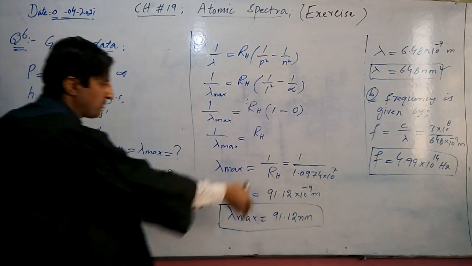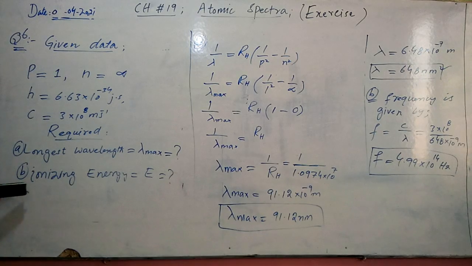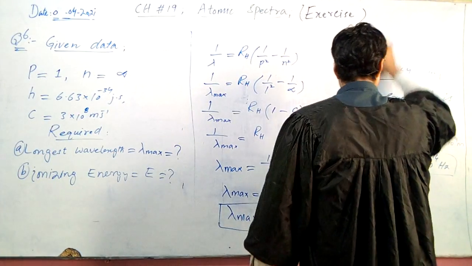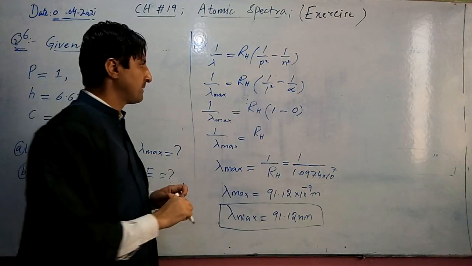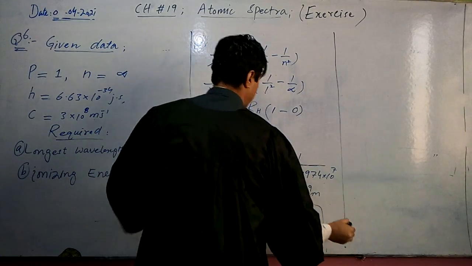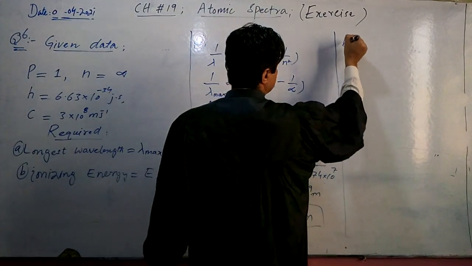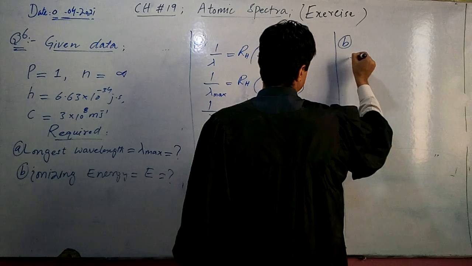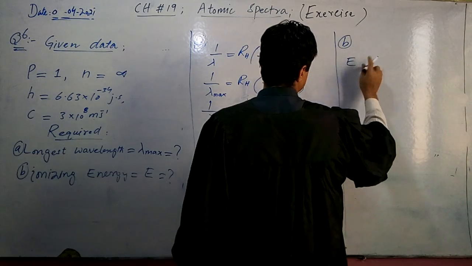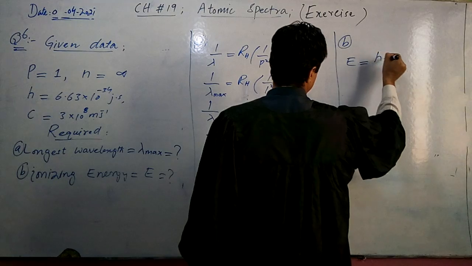Now that was all about wavelength. How can we calculate the ionizing energy? To find the ionizing energy, we know by a formula that E is equal to hf.